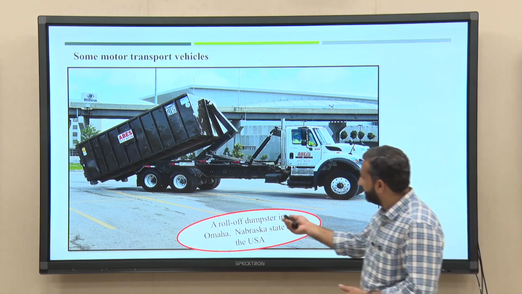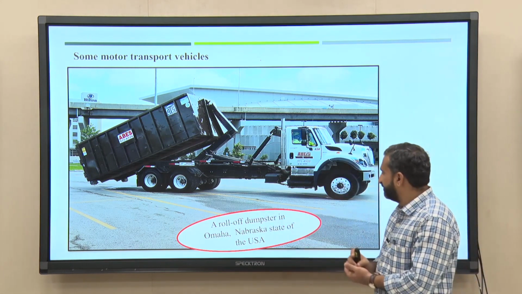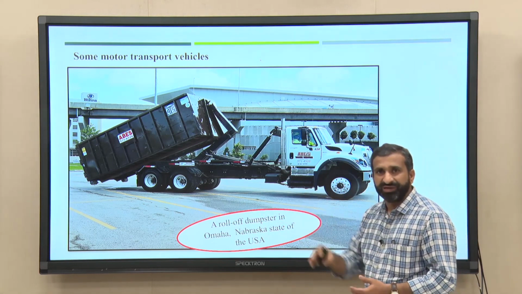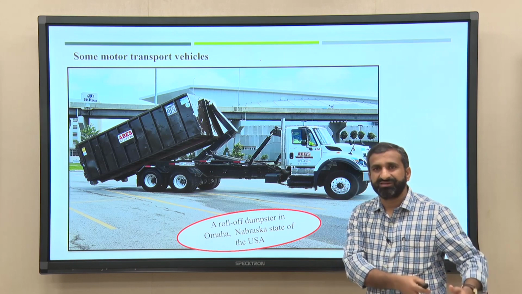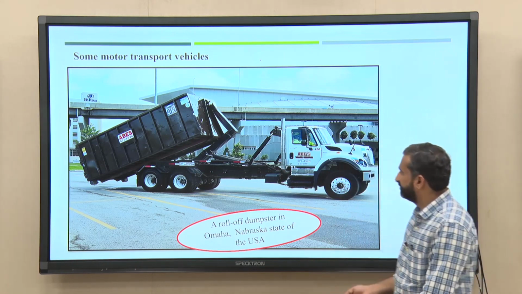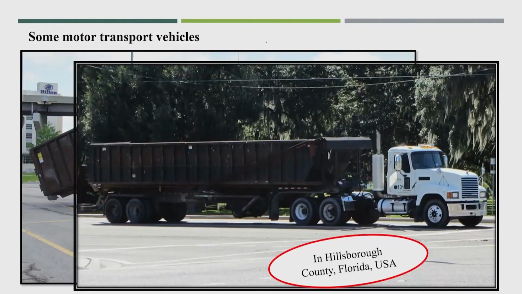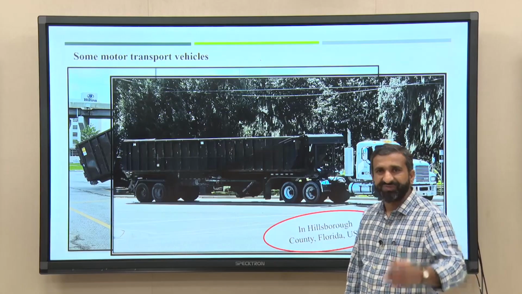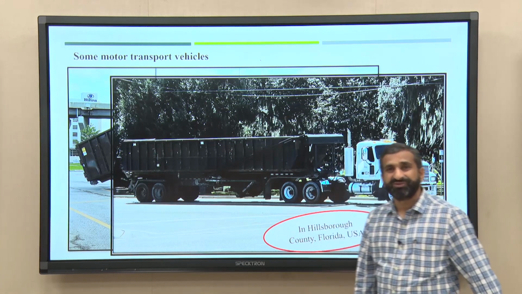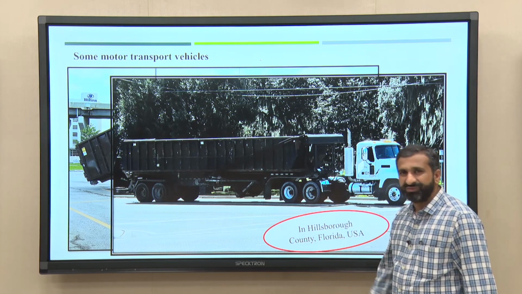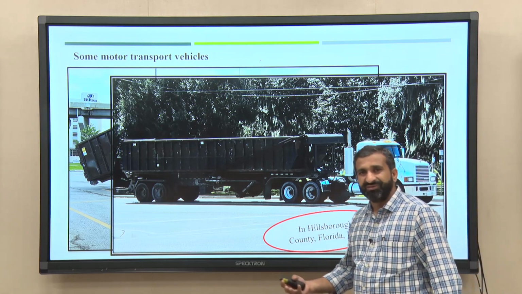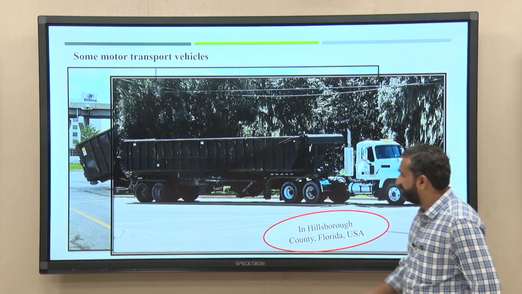Here it also has to be considered how best the waste can be unloaded from the vehicle at the disposal site or recycling facility. Here is another vehicle. I do not think we can find such a vehicle in India. This is a photo from the USA, where the landfill site or recycling facility is very far, sometimes 100 or 200 kilometers, and most of these vehicles travel by the major highways.